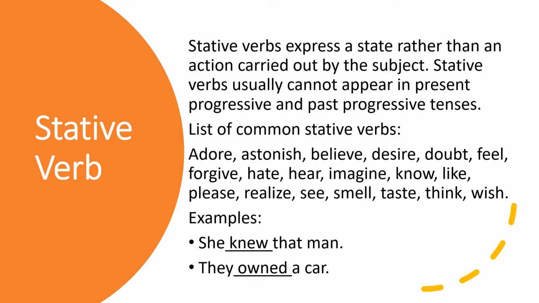List of common stative verbs: adore, astonish, believe, desire, doubt, feel, forgive, hate, hear, imagine, know, like, please, realize, see, smell, taste, think, wish. Examples: she knew the man. They owned a car.